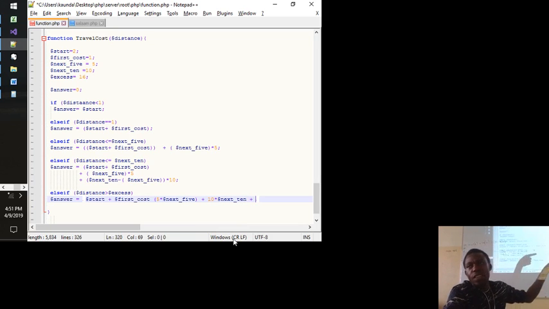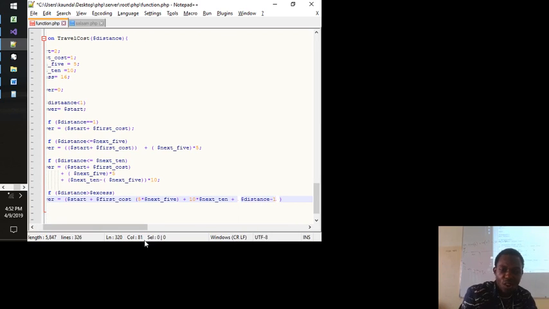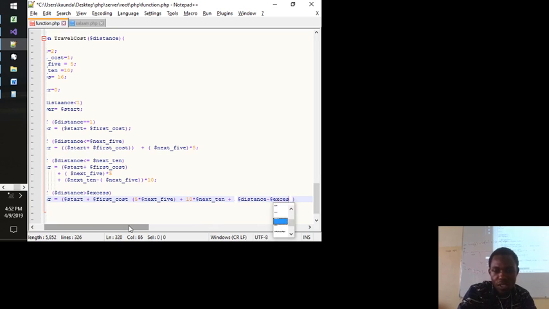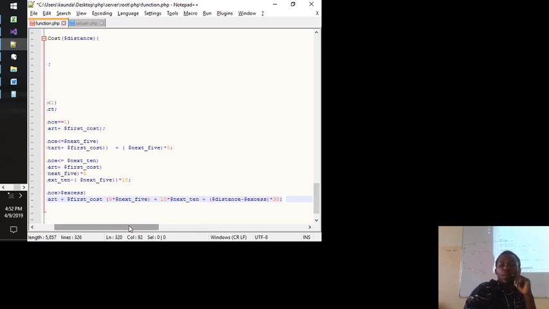Then plus whatever is left. You get it? So whatever is left, that one will be the distance minus 16 or minus the excess. And then you multiply that by 30 cedis. That's 30 per each.